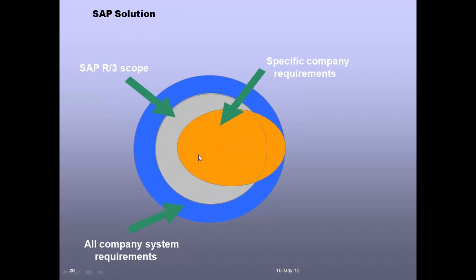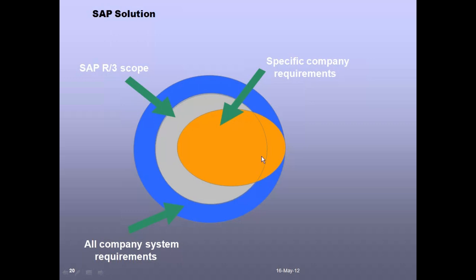Now you see this particular elliptical shape. This is a specific company's requirements. For example, in case of the automobile industry, assume a company called General Motors, or let's say Ford. So this yellow elliptical shape is the requirements of a particular company called Ford Motors.